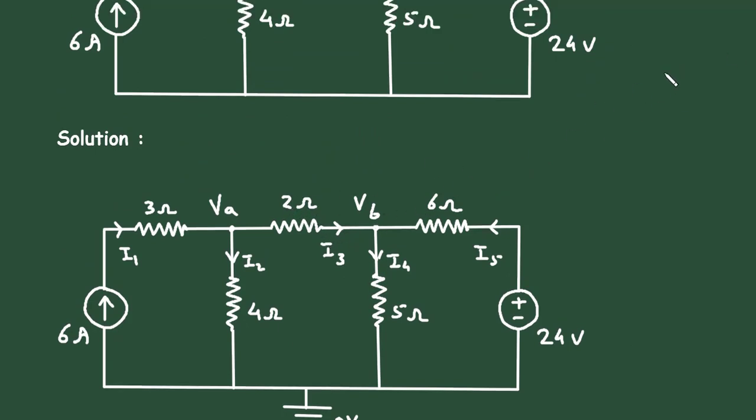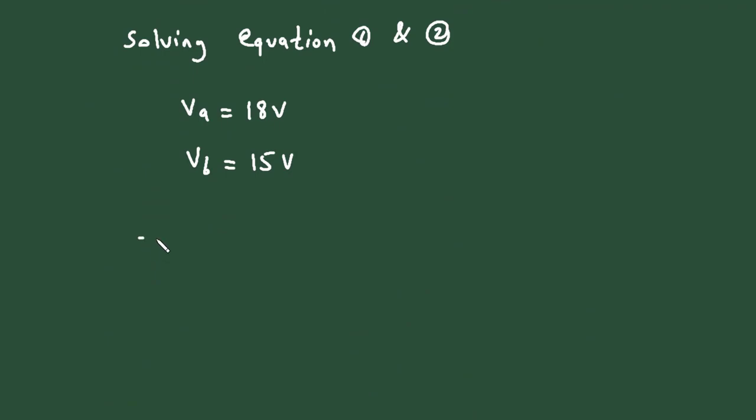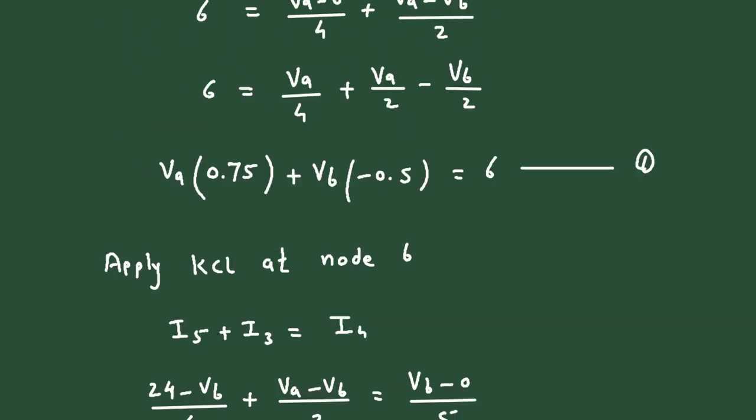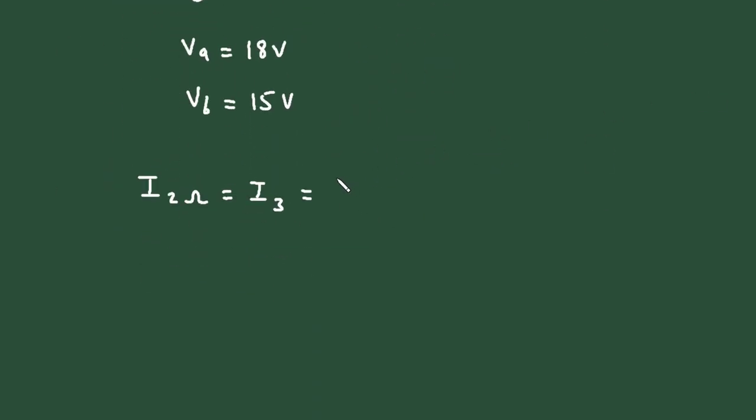Now we got these nodal voltages, but we have to find the value of the current through 2 ohm resistance. So the current through 2 ohm resistance is I3. So I2 ohm is equal to I3, and this I3 is equal to VA minus VB divided by 2.